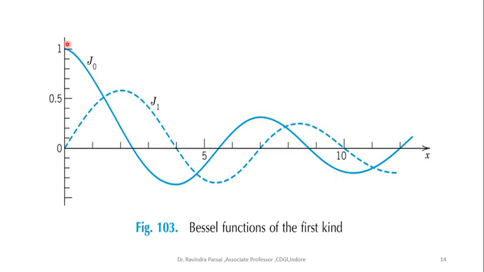This graph is just like the cosine function. So J0 matches the cosine function, while J1 of x matches the sine function, because it originates from the origin. It increases, and when x increases further, the value of J1 decreases. It is 0 at x equal to 0, then when x increases the value also increases, and then again it goes in a downward manner.